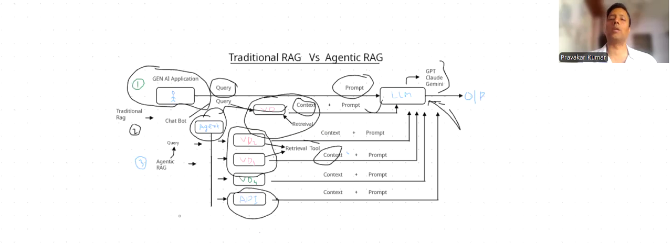Agentic RAG will be used for complex queries where more than one vector DB will be used, or APIs can be used to get the data, and then it will send the response to the user. So this is the overview of the basic understanding of what a Gen AI application is, what traditional RAG is, and what agentic RAG is.